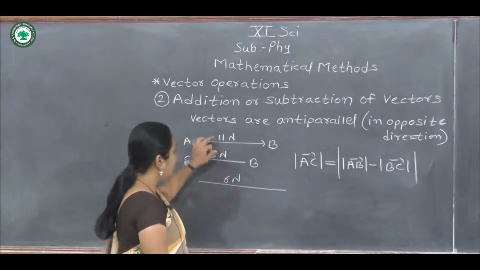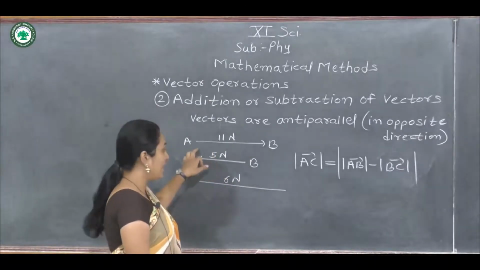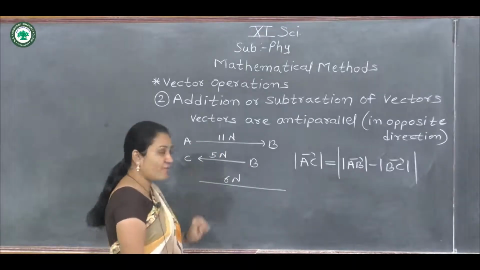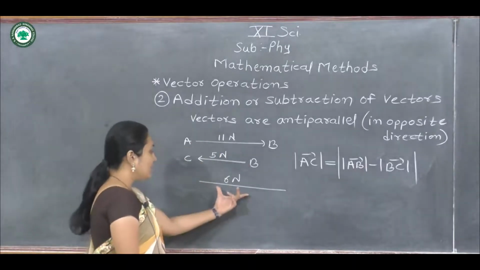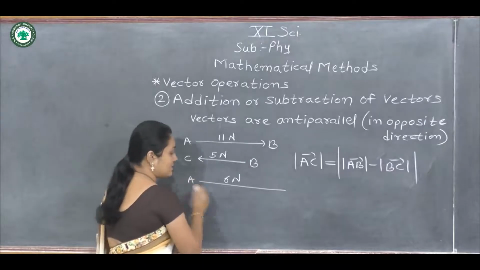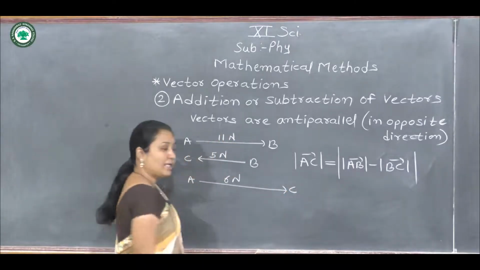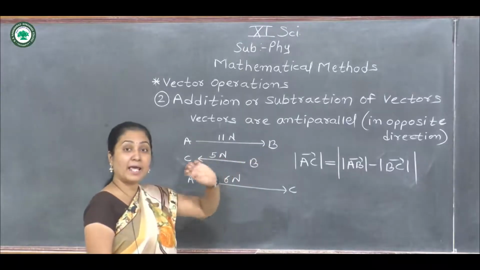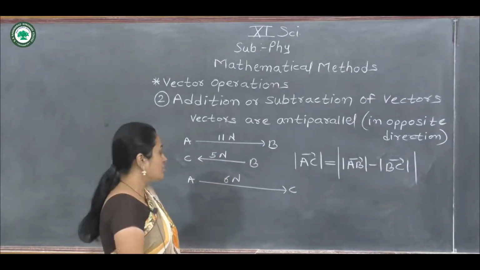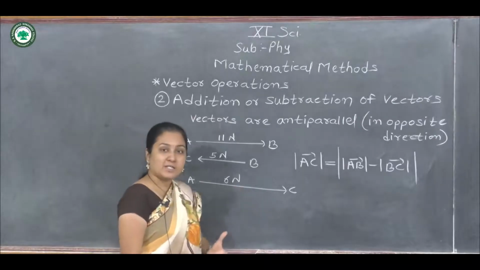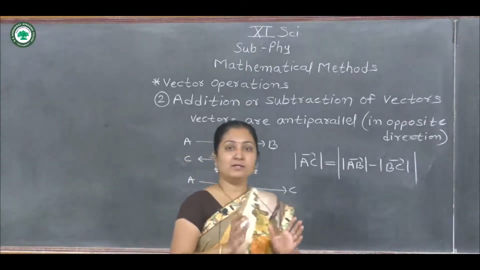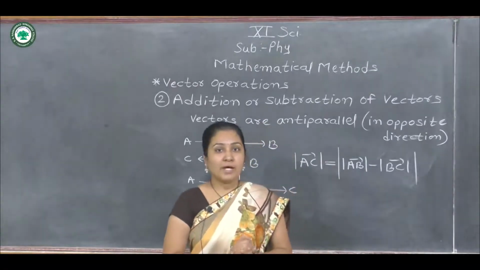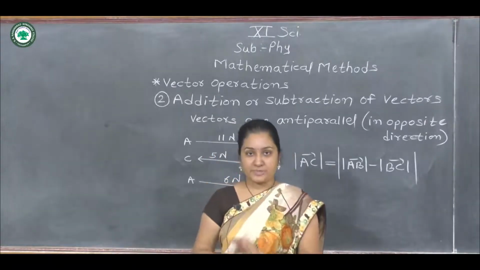That means in between these two vectors, AB bar is 11 Newton and BC bar is 5 Newton. So this resultant vector AC bar is moving in the direction of the first vector AB bar. So this gives the direction of the resultant vector in the subtraction operation. So this is about the vector addition and subtraction.